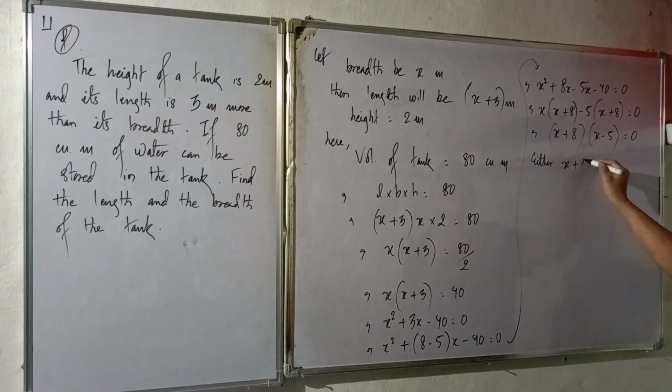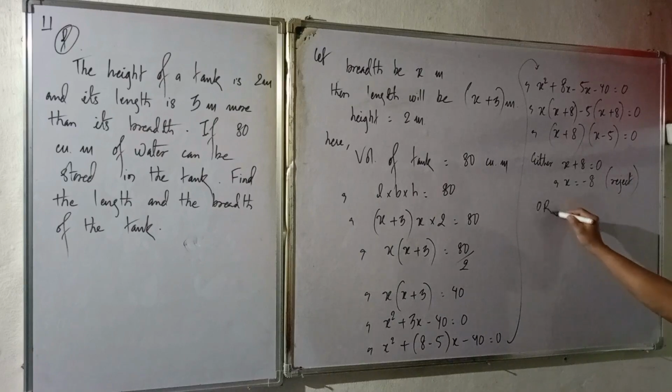Either x plus 8 equals to 0 or x equals to minus 8. This should be rejected. And another, x minus 5 equals to 0 or x equals to 5. So we pick this value.